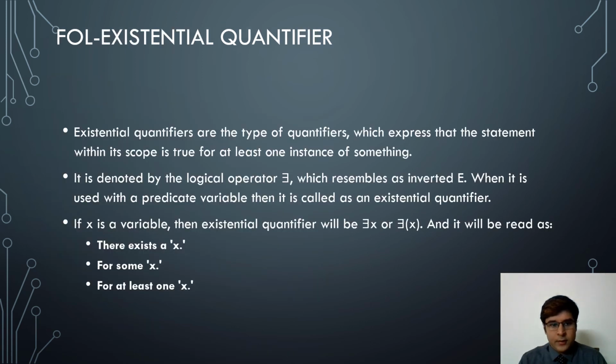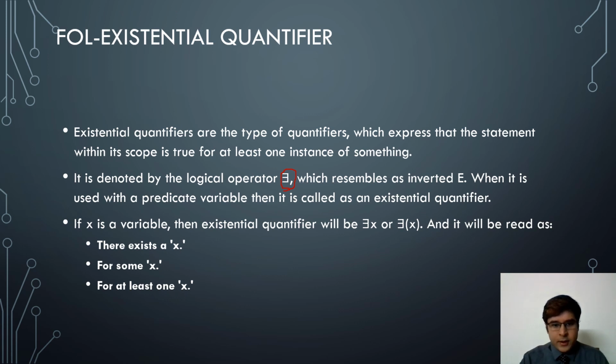Existential quantifier. Existential quantifiers are the types of quantifiers which express that the statement within its scope is true for at least one instance of something. It is denoted by the logical operator as shown here, which resembles an inverted E. When it is used with a predicate variable, then it is called an existential quantifier.